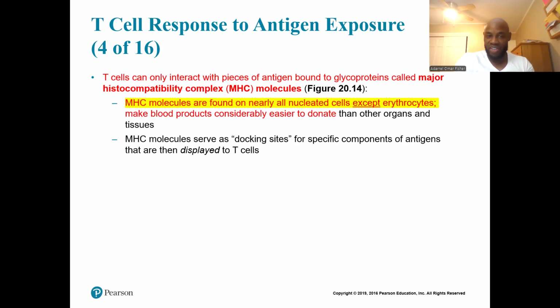Right? So we have this MHC molecule, which works with the antigen, then it's displayed to the T cell, and the T cell can bind to that. The T cell is a clone that is specific for each specific type of pathogen.